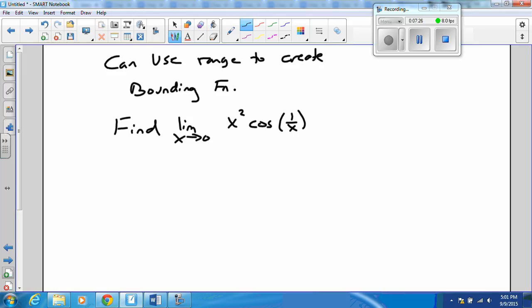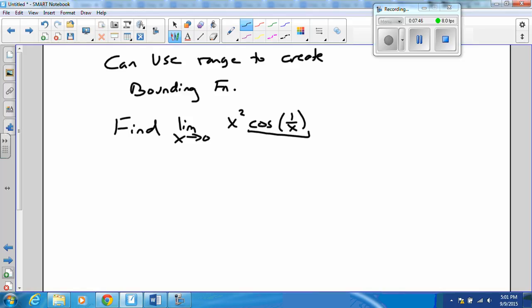This is an interesting problem because our limit rules do not apply to this function here. We have no guarantee that the limit as x goes to 0 of cosine 1 over x is anything. In fact, it's not. So we consider maybe we could use the Squeeze Theorem.